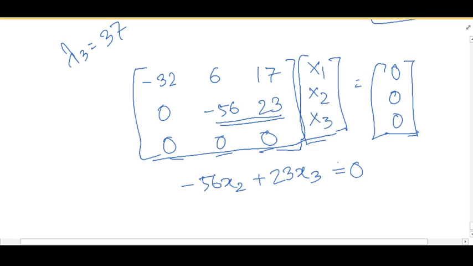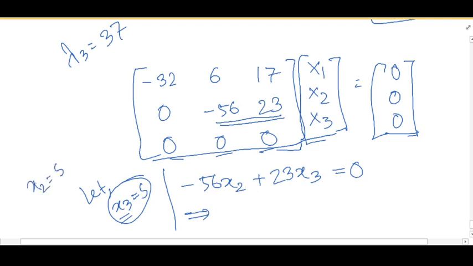In this case, what we can do, we can assume s. So let x3 equal s, we may assume. I'm again saying it is not necessary that you assume x3 equals s. You can also use x2 equals s. Whatever you do, the ratio will always remain the same in the answer you will be getting. So don't be afraid about this.